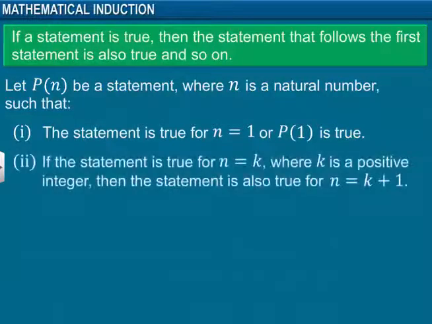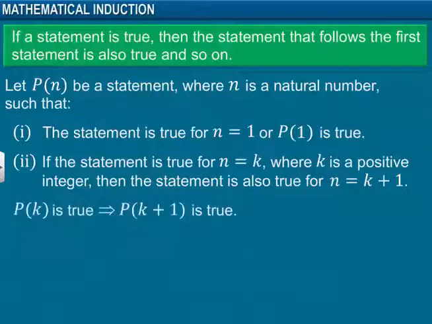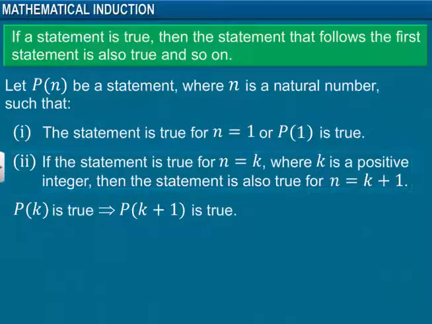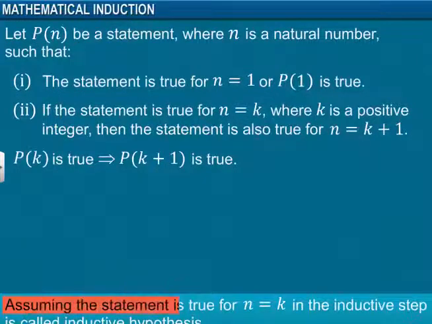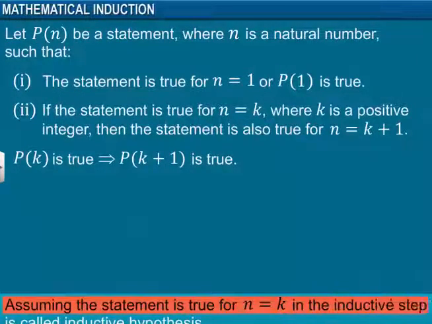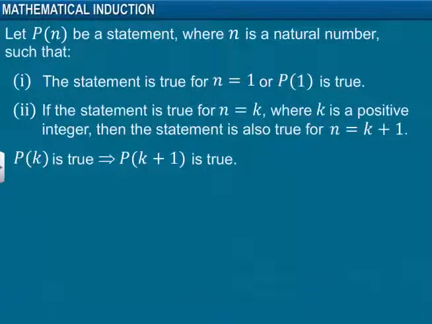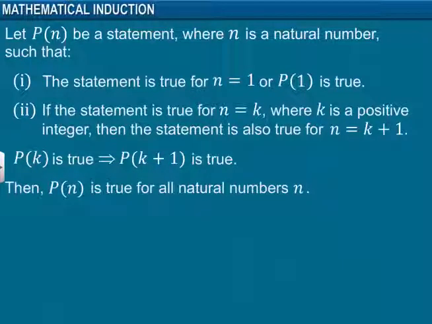If the statement is true for n equal to k, where k is a positive integer, then the statement is true for n equal to k plus 1. In other words, if P of k is true, then P of k plus 1 is also true. This is also referred to as the inductive step. Assuming the statement is true for n equal to k in the inductive step is called the inductive hypothesis. Then, P of n is true for all natural numbers.